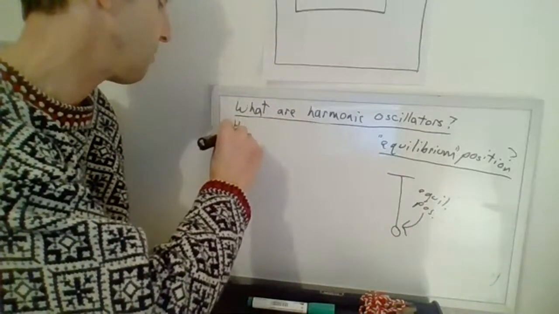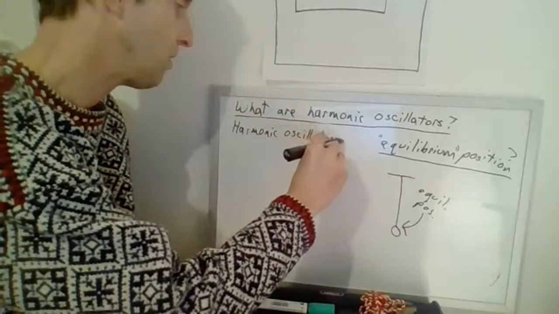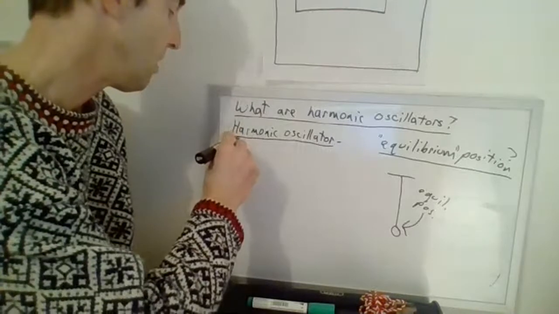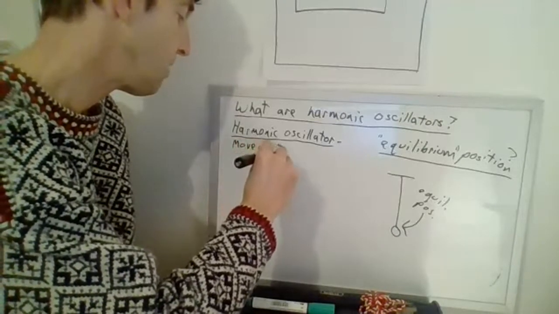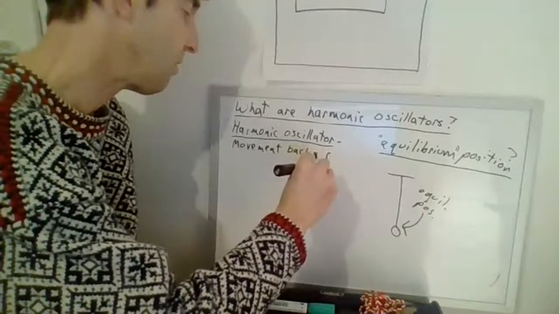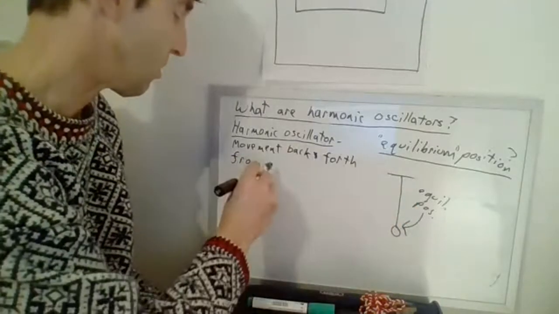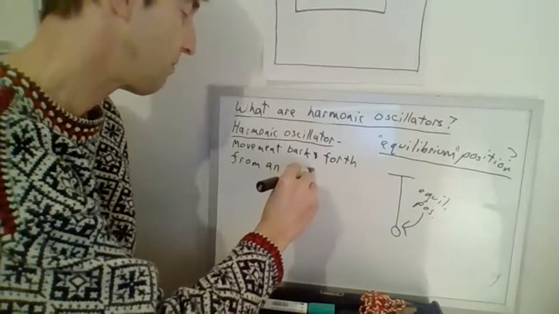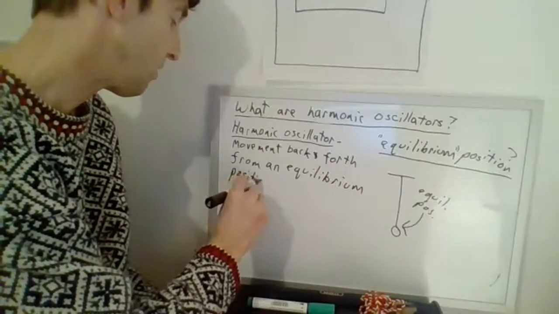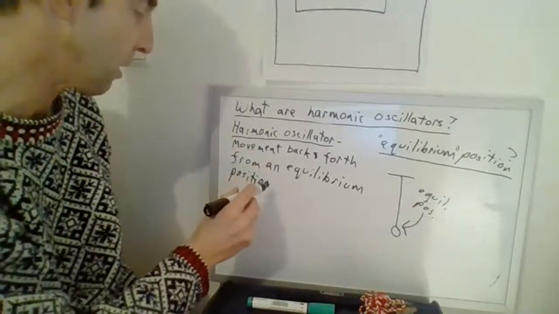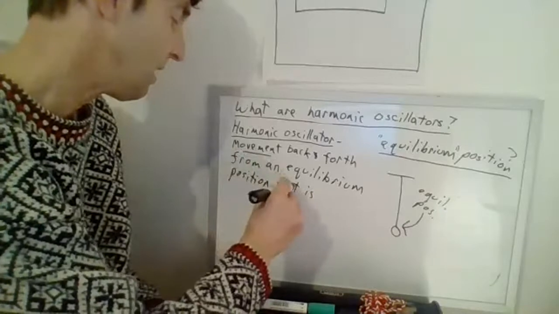So a harmonic oscillator is movement back and forth from an equilibrium position, so movement back and forth from an equilibrium position, that is, so the movement is symmetric.